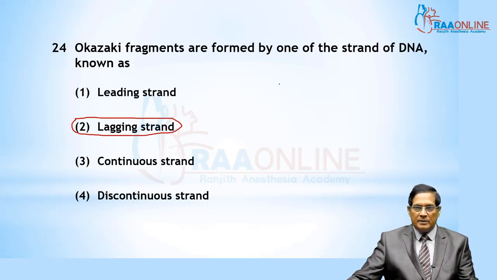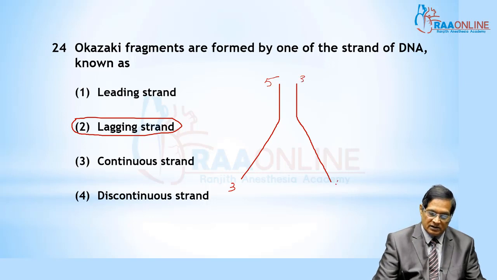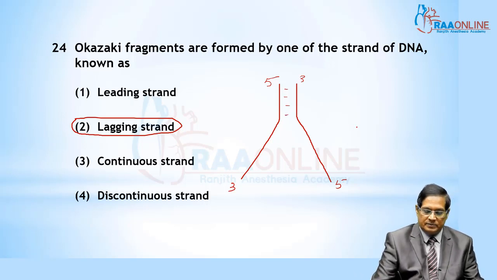At the time of replication, two strands gradually separate. The polarity of this strand is 5 to 3, and the polarity of this strand is opposite, that is 3 to 5.